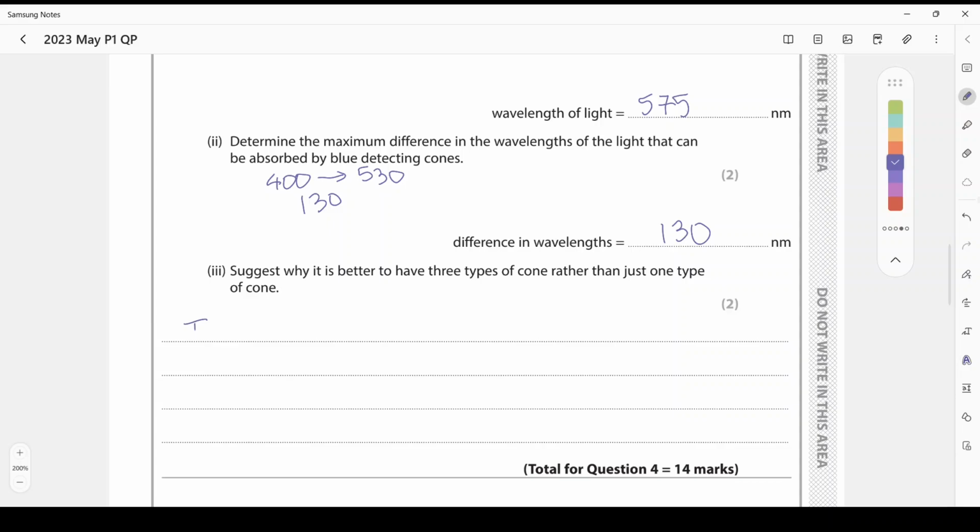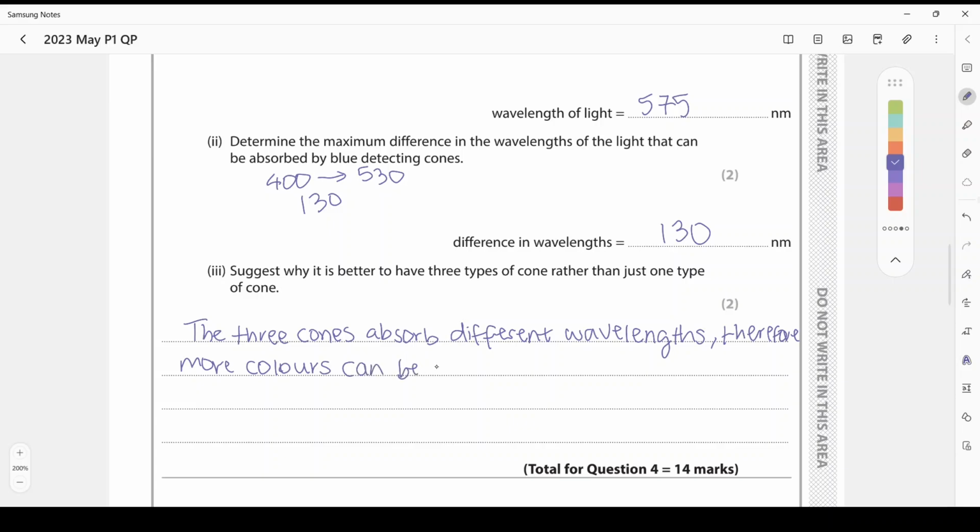So the 3 cones absorb different wavelengths. Therefore, more colors can be detected.